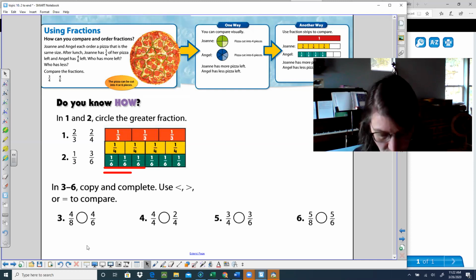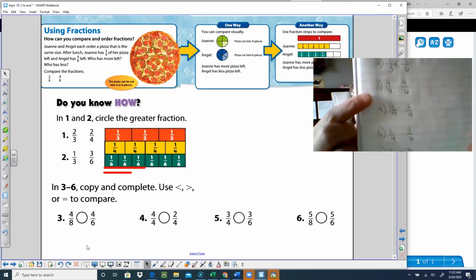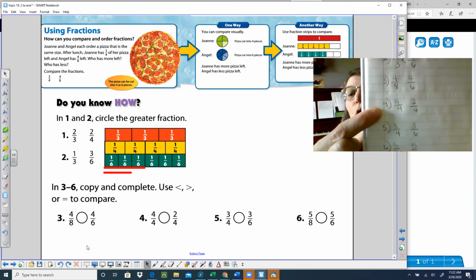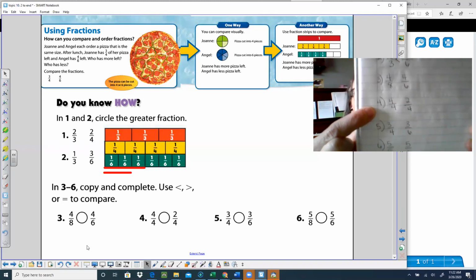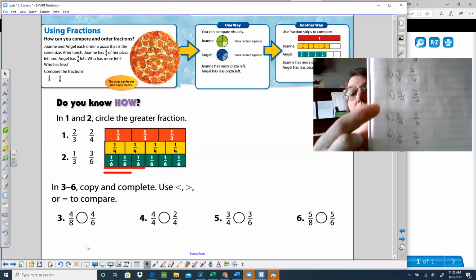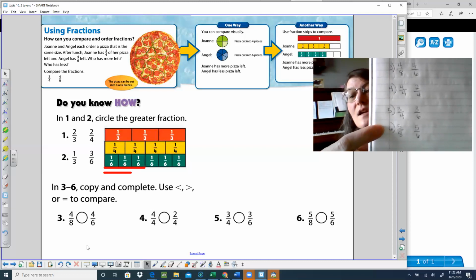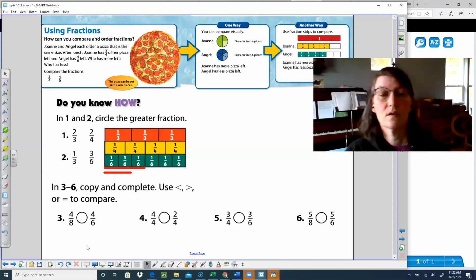You are writing 3/4 and 3/6. And you are writing 5/8 and 5/6. So hopefully you also just wrote those: 4/8, 4/6, 4/4, 2/4, 3/4, 3/6, 5/8, 5/6.